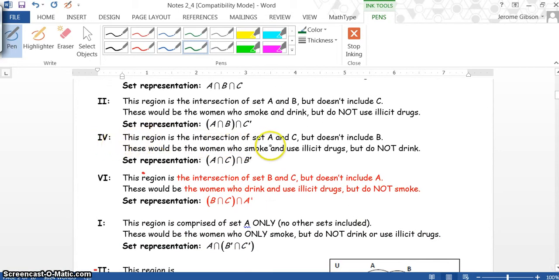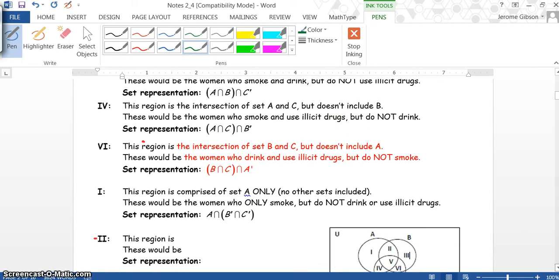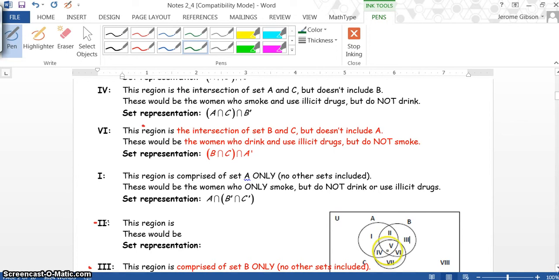So that works. Now we go here to 4. This region is the intersection of set A and C, but doesn't include B. Let me scroll up just a little more, because I do have this figure down here. These will be the women who smoke and use illicit drugs but do not drink.